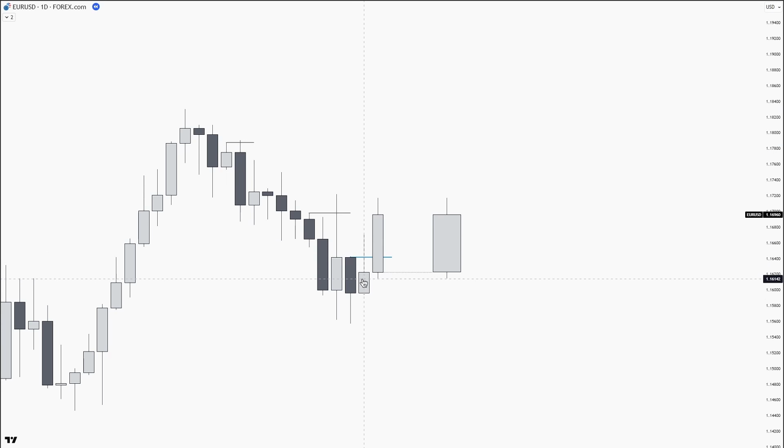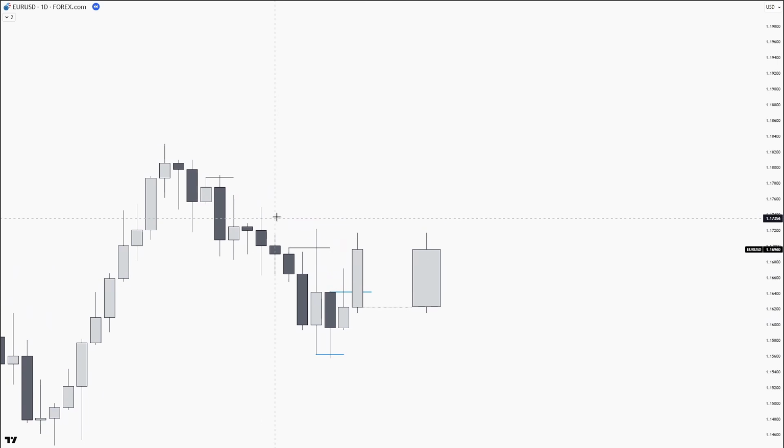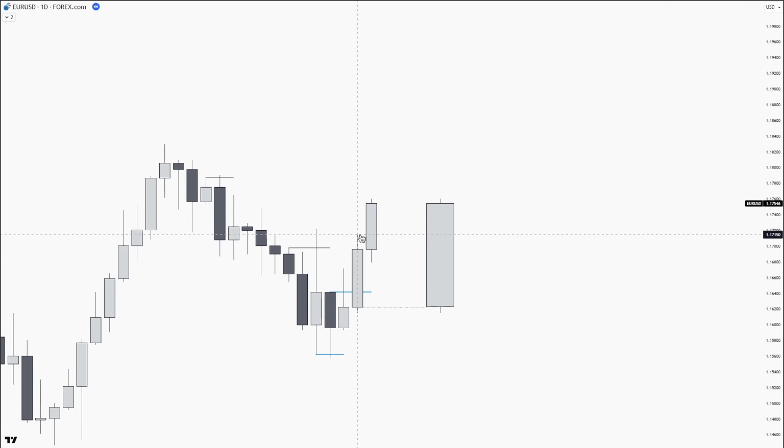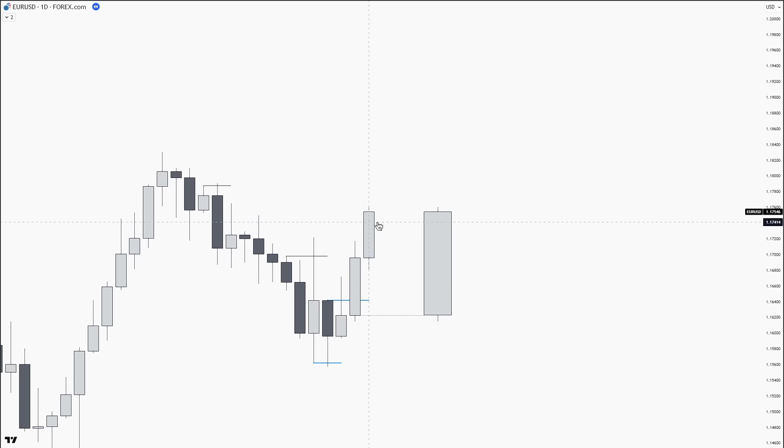Now with the Monday candle closing above this order block, we can expect a Tuesday continuation higher because we have a bunch of failure swings. Now the Tuesday candle expanded higher, closing above the Monday. We left this failure swing too.